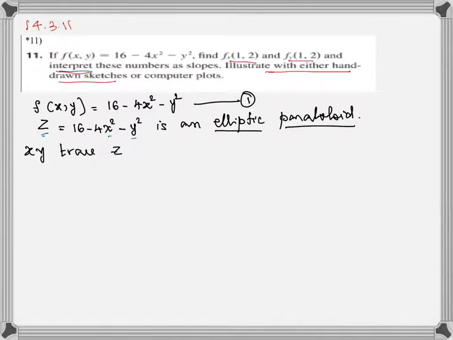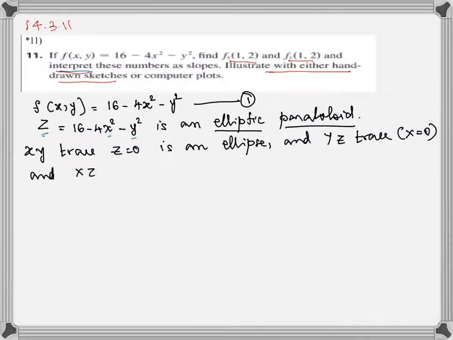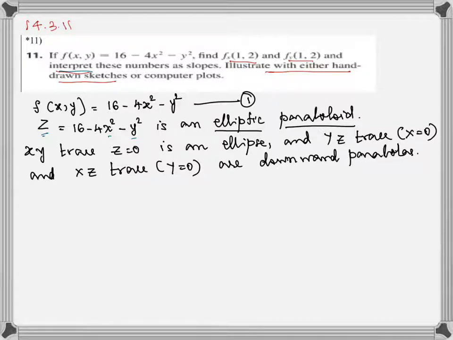The xy trace is obtained by setting z equal to 0. So if we set z equal to 0, we get an ellipse. And for the yz trace, by setting x equal to 0, we get a downward parabola, and on the xz plane as well, by setting y equal to 0, we get a downward parabola.